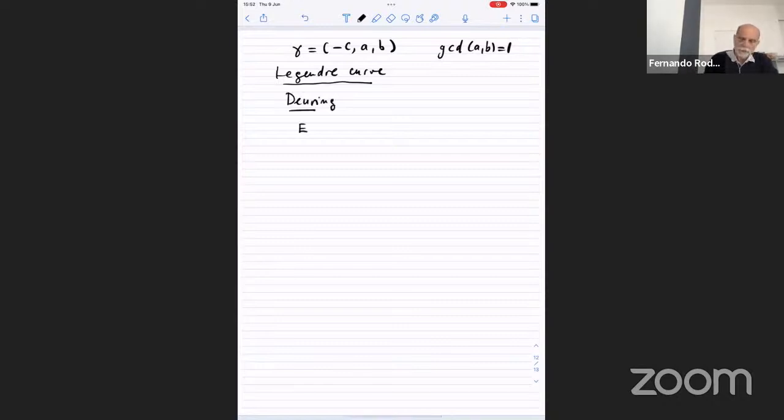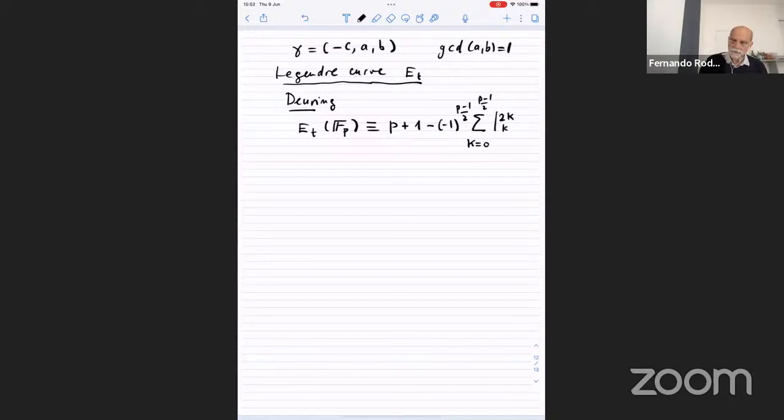Dwork proved that if you count the number of points on your Legendre curve over a finite field, say Fp, then modulo p, and if you've never seen this before, I recommend you try it, it's a beautiful, nice exercise to do this calculation, you can explicitly write down what the number of points is modulo p in terms of a polynomial.